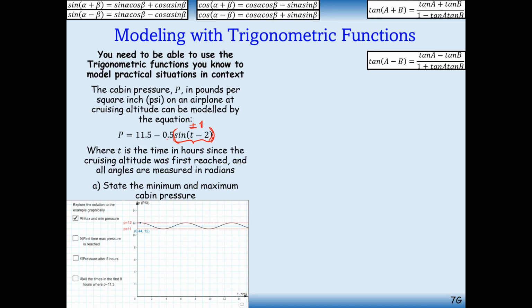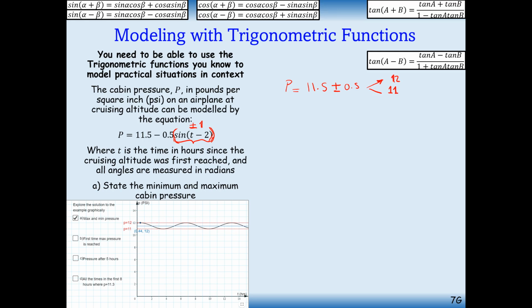So we will have either 11.5 take away 0.5, or rather, when it's multiplied by negative 1, it will turn into a plus 0.5. So pressure will vary between 11.5 adding or subtracting simply a half to it. So of course the upper bound will be 12 and the lower value will be 11.